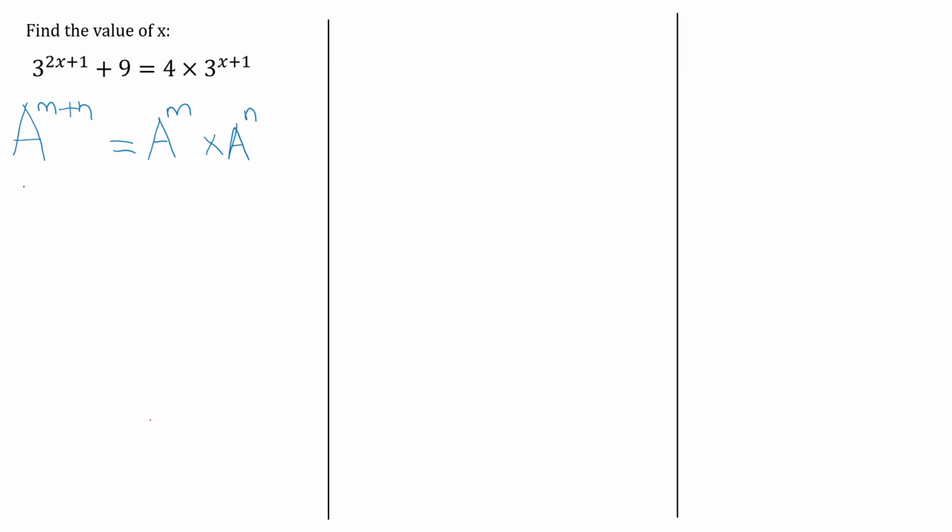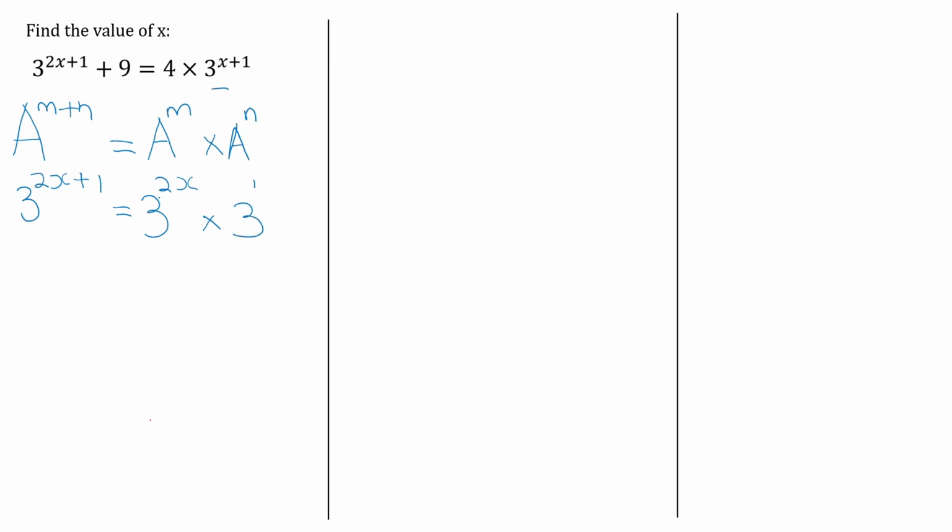In this case, 3 to power 2x plus 1 is the same as 3 to power 2x multiplied by 3 to power 1.